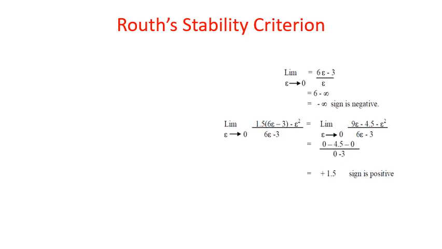In the previous slide, as we apply limits, epsilon is a very small value, tending towards 0, not 0 but tending towards 0. So wherever epsilon is there, put it as 0. So 6 into 0, 0 minus 3, divided by 0. So it will be 6 minus, here the epsilon value is very small.